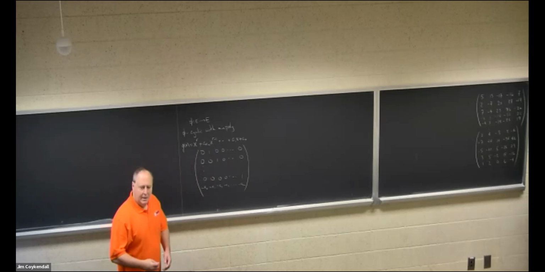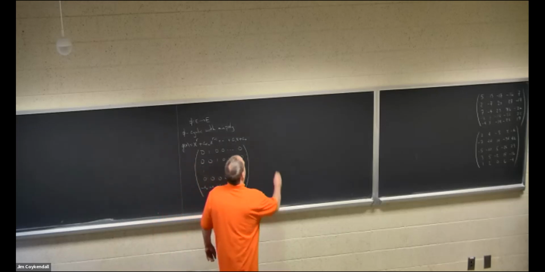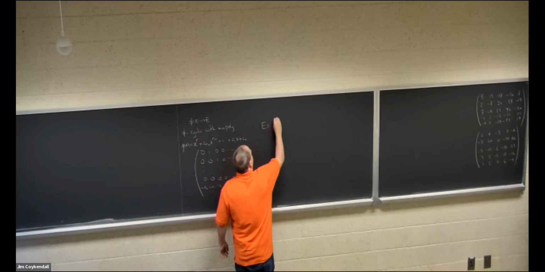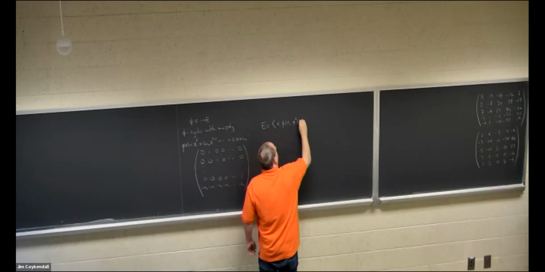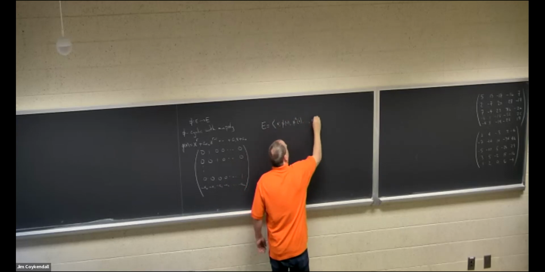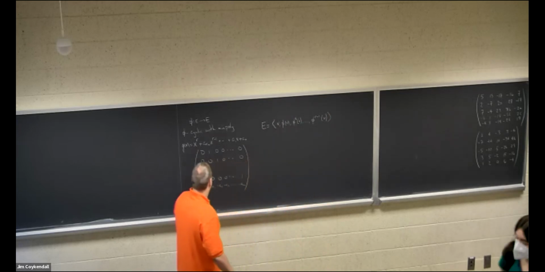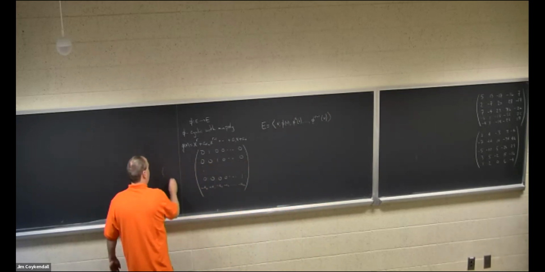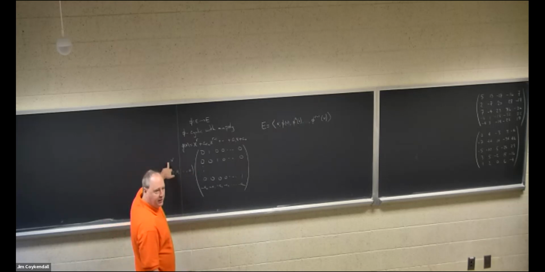Okay, so let me illustrate why this is true. Let me illustrate why this matrix works the way it does, basically doing multiplication this way. This vector is V, right?